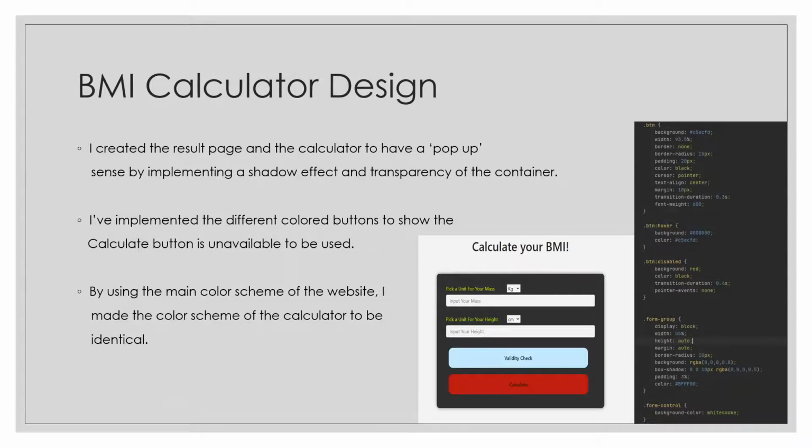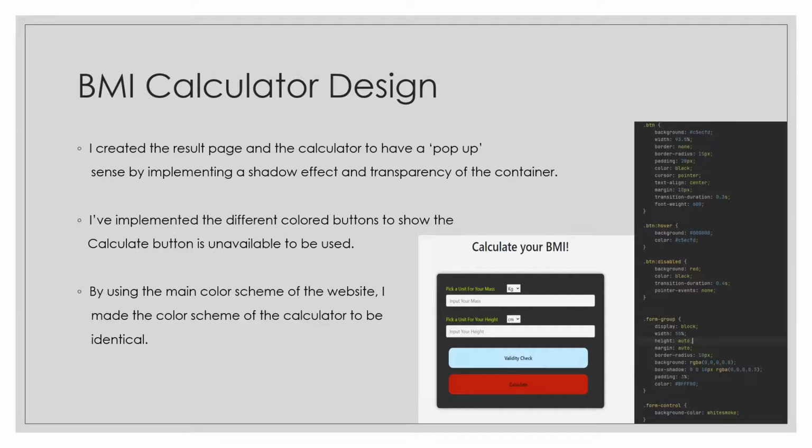Next, the calculator design. In the CSS part of the calculator design, I make it such that it has a pop-up appearance by implementing shadows on the box, and I also put a little transparency in the box itself so that it looks more popped up and you can see the white smoke background better.